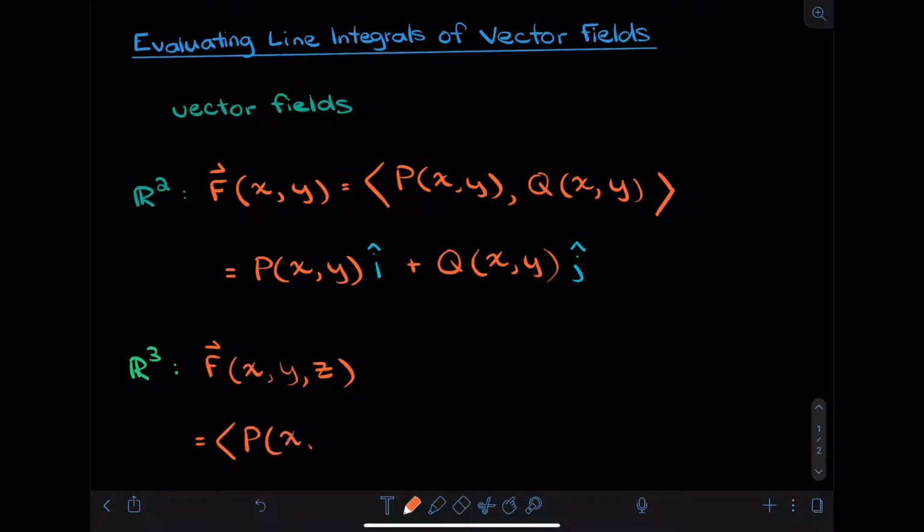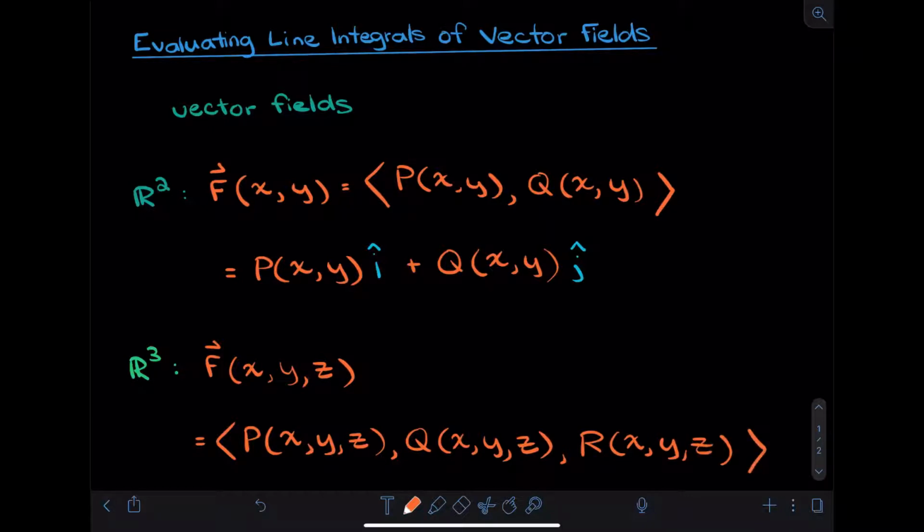So we'll have the function P with all three variables. We will have a function Q. And we'll also have a function R, for example. And again, all these functions are arbitrary. They could be any kind of function as long as they at most only have these three variables.